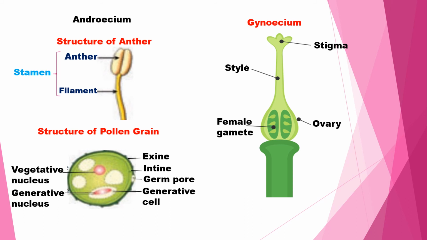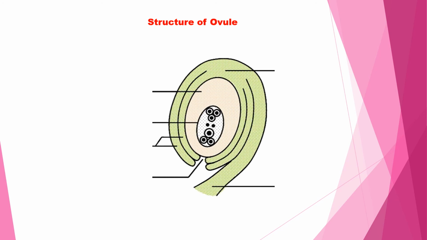Let's see inside the ovule, the female gamete structure. Now, let's see the structure of ovule. Ovule is present inside the female reproductive organ, gynoecium. In that, the ovary is present. Inside the ovary, ovule is present. This is the structure of ovule.